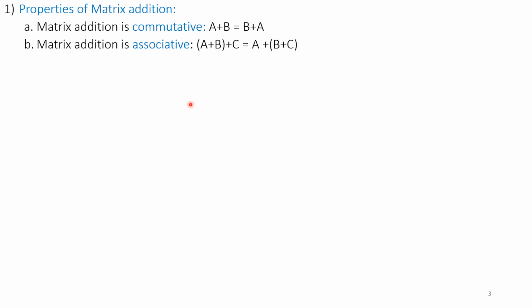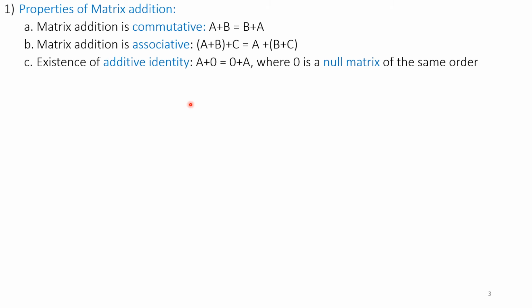Here, the left hand side is A plus B within small brackets, plus C. In the right hand side, it is B plus C within brackets. So, here A, B and C are three matrices. Number C. Existence of additive identity. That is, A plus 0 is equal to 0 plus A, where 0 is a null matrix of the same order.